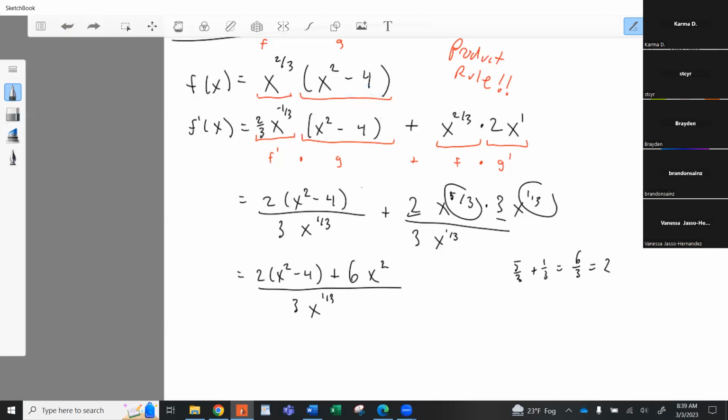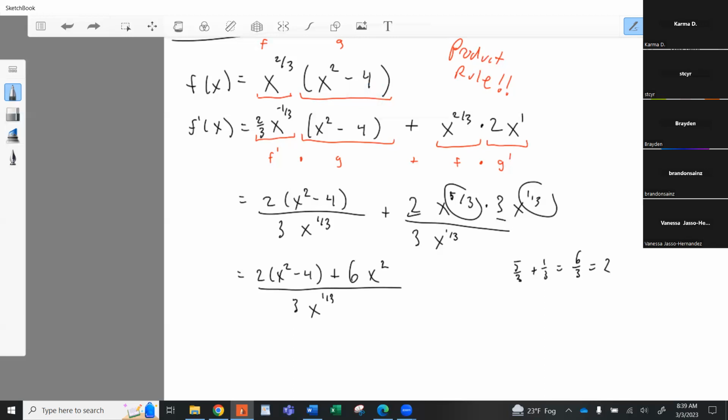But doing this stuff, the 2 stays in the numerator, the 3 stays in the denominator. The negative power means it goes in the denominator, but the rest of this can stay in the numerator. So maybe translating to this fraction format is a bit confusing.